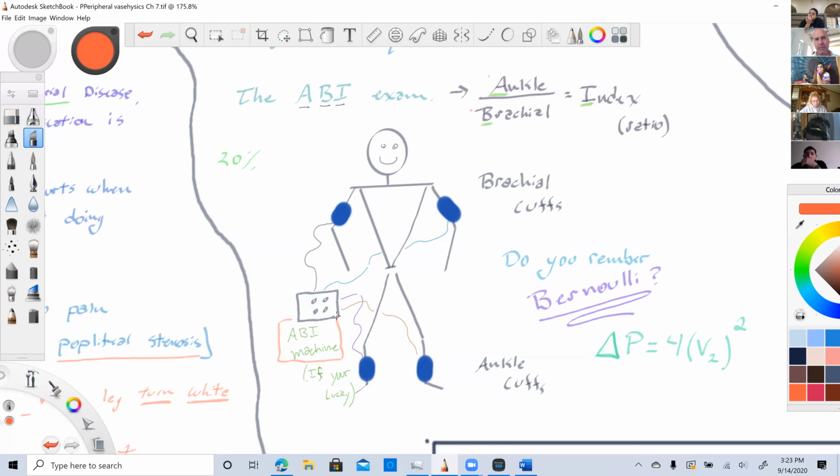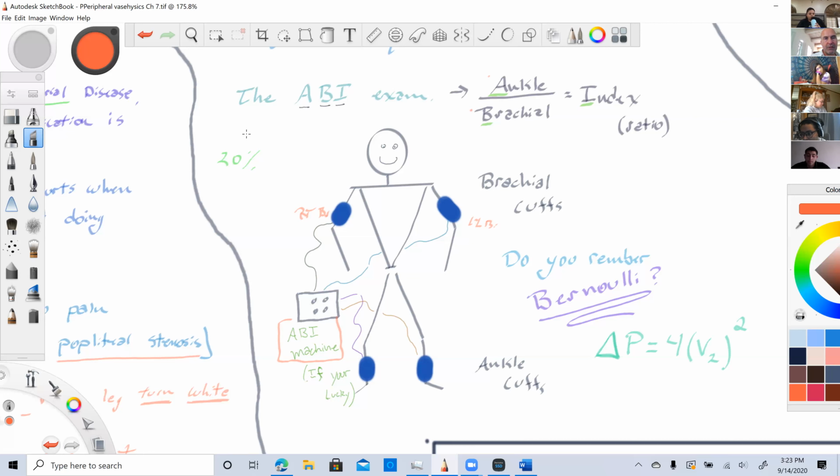You want them firm. If it's a machine, you want to make sure that each one of these, this is actually the right brachial, and this is going to be the left brachial, and so forth. You don't want to mix them up, right and left. And we certainly don't want to mix up brachial and ankle cuffs, because obviously that's really going to mess up the system here.